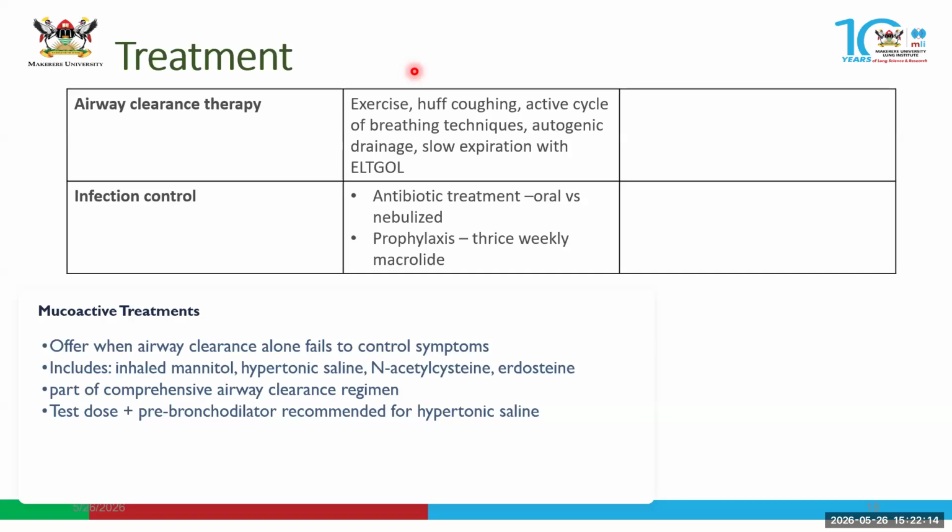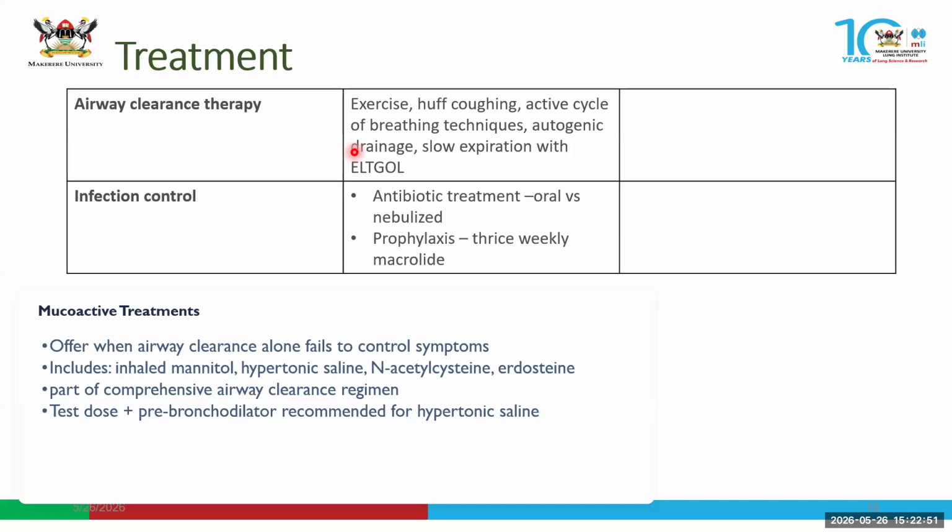And this can be like exercise, participating in active cycles of breathing, and then managing the complications, managing the infection. This would bring in a conversation that we may discuss at a future time, but antibiotics: the rationale of using the oral, the point of using the nebulized, and then the rationale of the prophylaxis among these participants.